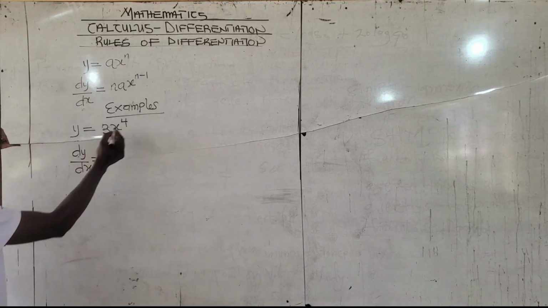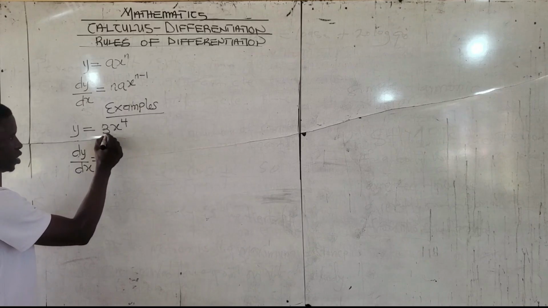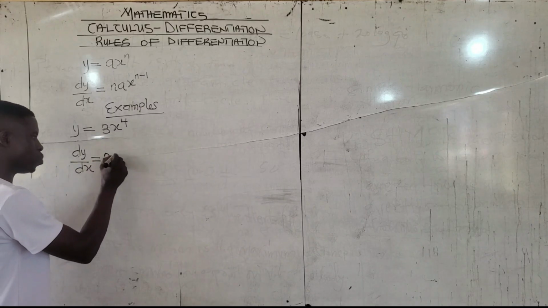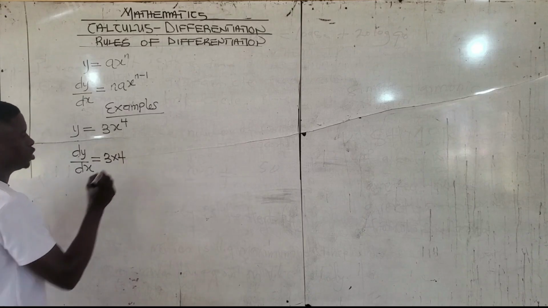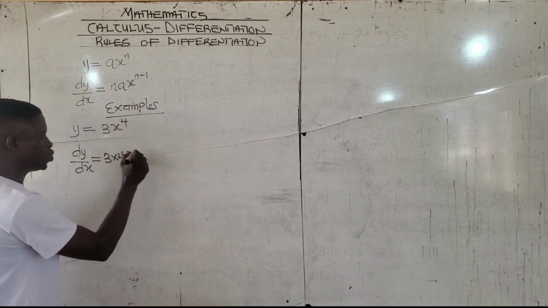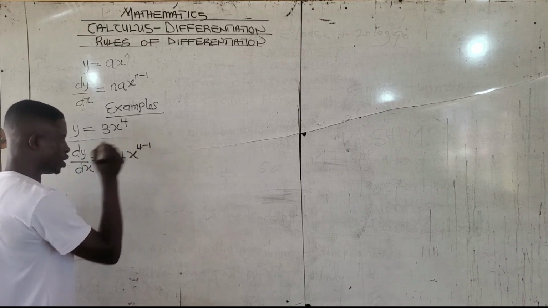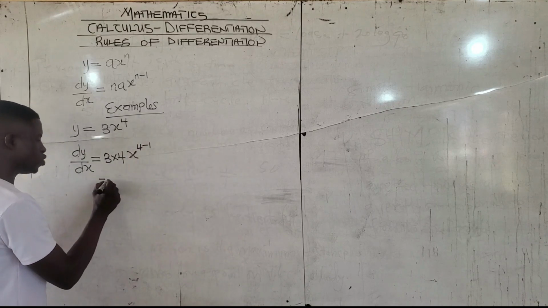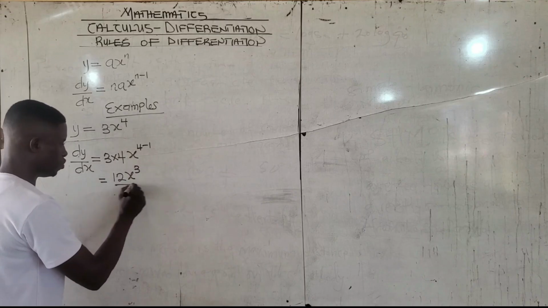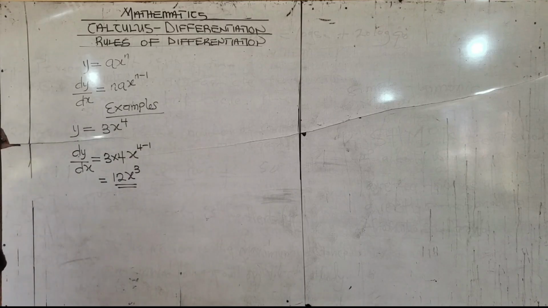Based on the formula, the 4 will multiply the coefficient of x. So we are going to get 3 multiplied by 4, then this is our x, then the exponent is reduced by 1. So in effect, we are going to have 12x to the power 3. Very simple. Example 2.